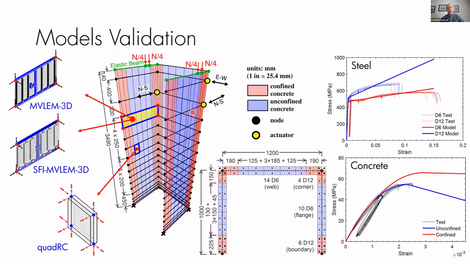We applied the loading at the locations where the loading was applied, and it was interesting to figure out how to apply the actual loading history, because these U-shaped wall specimens were tested with twisting fixed, so it was not twisting, and we had to add some springs to stabilize the model and then apply forces at these locations of the actual actuators. And this thing, again, is kind of complex. I'm not going to get into too many details, but it's explained in these papers.